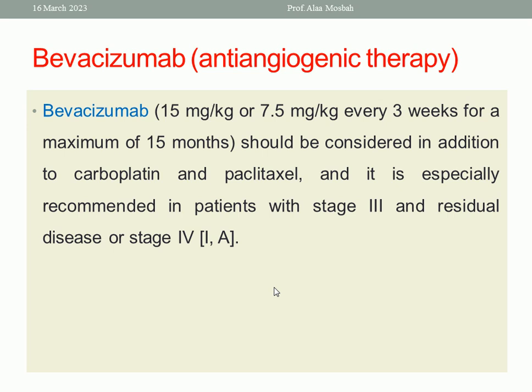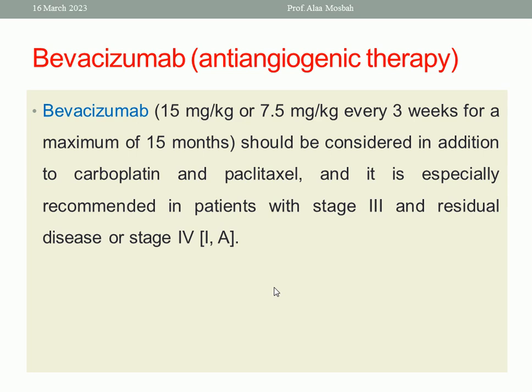It is specifically recommended in patients with stage 3 and residual disease or stage 4. So bevacizumab is indicated in patients with stage 3 and residual disease after debulking surgery or stage 4.